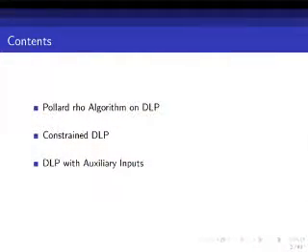Mainly, I will introduce three topics. One is the Pollard rho algorithm on DLP, the discrete logarithm problem, another one is constrained DLP, and the last one is DLP with auxiliary inputs.